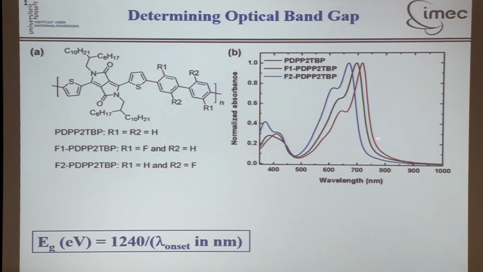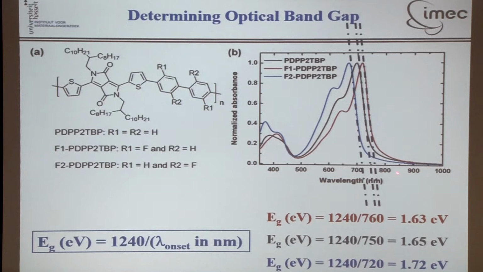And actually, from the onset of the absorption band, you can make an estimate of the band gap. So it's quite easy. You draw the tangent to the higher wavelength side of the absorption band, and in these three cases, you see that they shift to shorter wavelength, which means that introducing these fluorine atoms widens up the band gap actually.